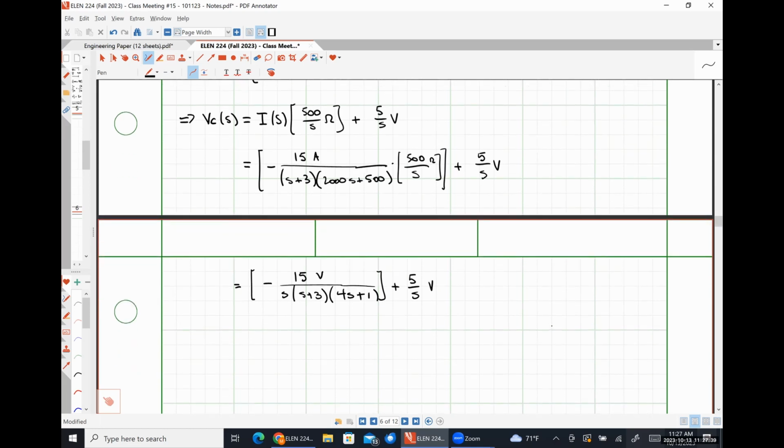All right. And so let's see what else I can do. I know that having this 4S here is going to be problematic. So I'm going to divide this 15 over 4 to get rid of this thing. Right?